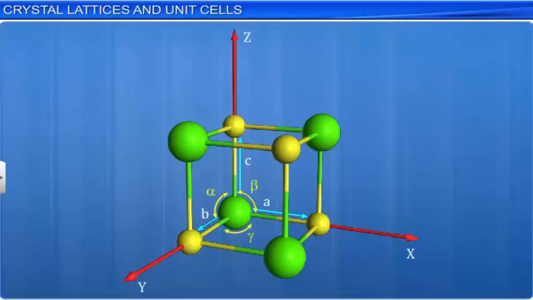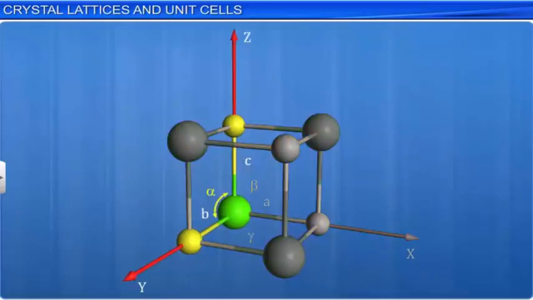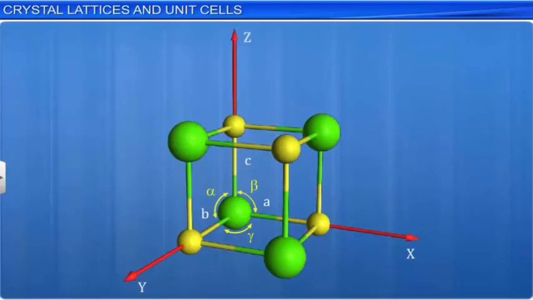Alpha is the angle between edges B and C. Beta is the angle between edges C and A, while gamma is the angle between edges A and B, as shown here. Edges A, B, and C may or may not be perpendicular to each other.